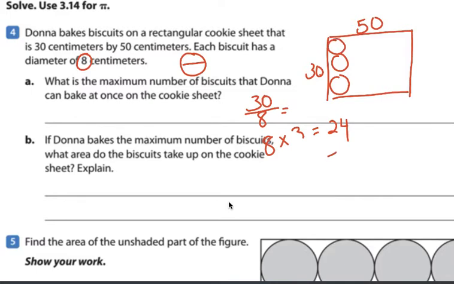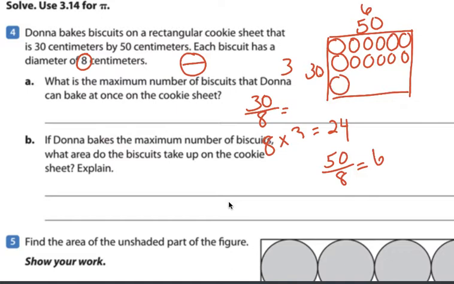Then you say 50 divided by 8. 8 times 5 is 40, 8 times 6 is 48. So it's going to be 6 this way: 1, 2, 3, 4, 5, 6. So 6 this way and 3 this way means that I can put a total of 18 biscuits on my cookie sheet. So 18 biscuits.